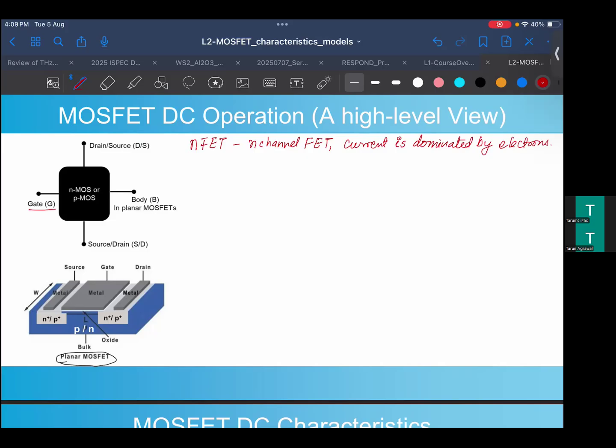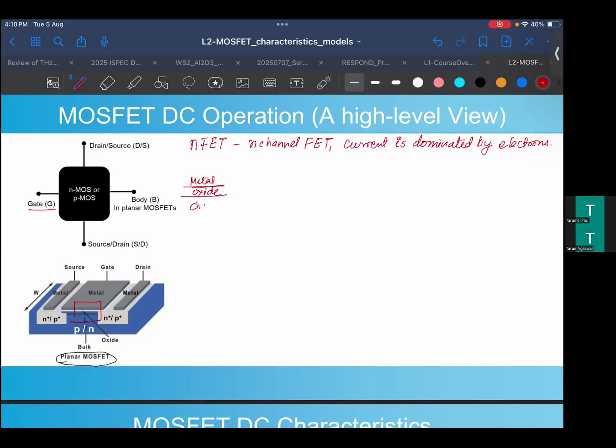Now to have the electrons here, if you go into the basic physics, you would know that you need to apply a certain positive gate voltage. In this portion which we are seeing here, there's a metal, which is our gate metal. Then there is the oxide in between.